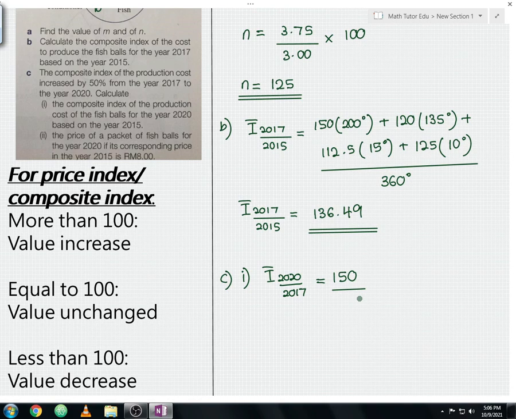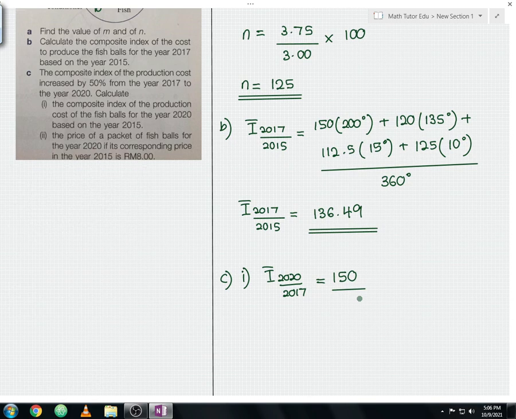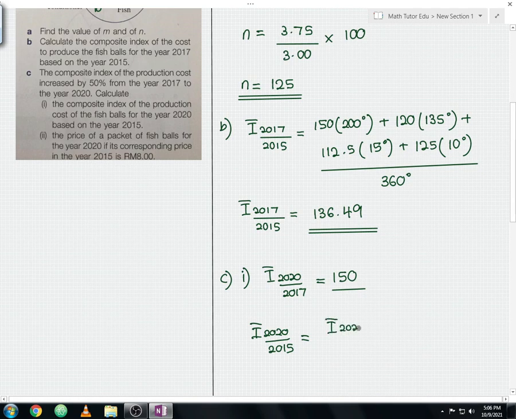Okay guys, now we are required to find the composite index of the year 2020 based on the year 2015. In order to find this, this will be our working: composite index of the year 2020 based on the year 2017 times with composite index of the year 2017 based on the year 2015, and you divide with 100.